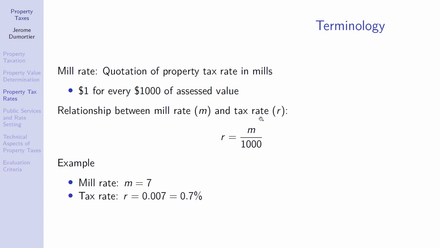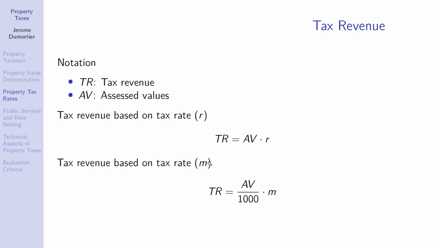So for example, if the mill rate is set to 7, then the tax rate would be 7 divided by 1,000, and that would be 0.7%. So the tax revenue, based on the tax rate, would simply be the assessed value times the tax rate. And if this was the mill rate, you would have the assessed value divided by 1,000 times the mill rate.